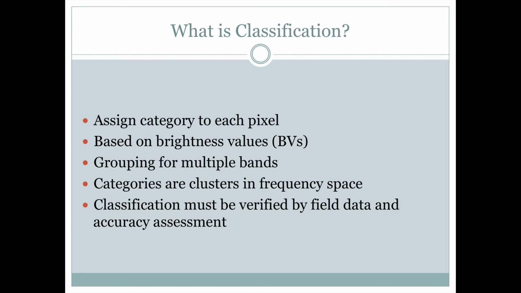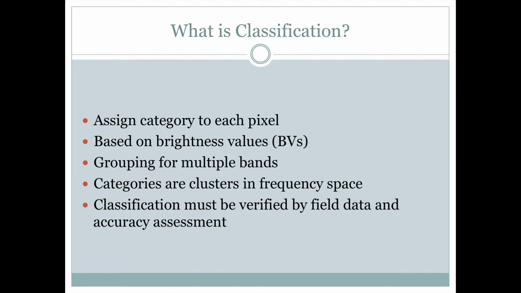So how do we do that? Well, we want to assign a category to each pixel, and we want this to be based on the brightness value or the digital number that's associated with each pixel measured at a specific band. So we're going to use either one band or multiple bands from the remote sensing image. Remember, those are measured in different parts of the electromagnetic spectrum.